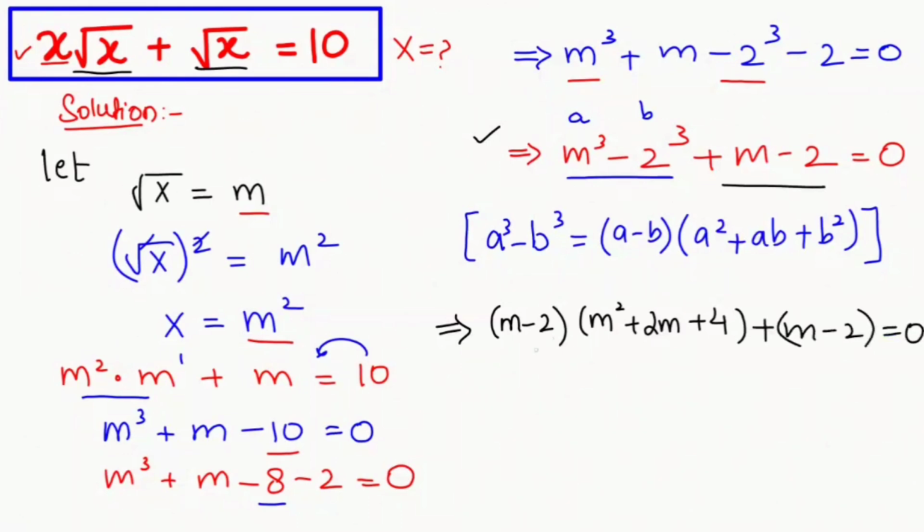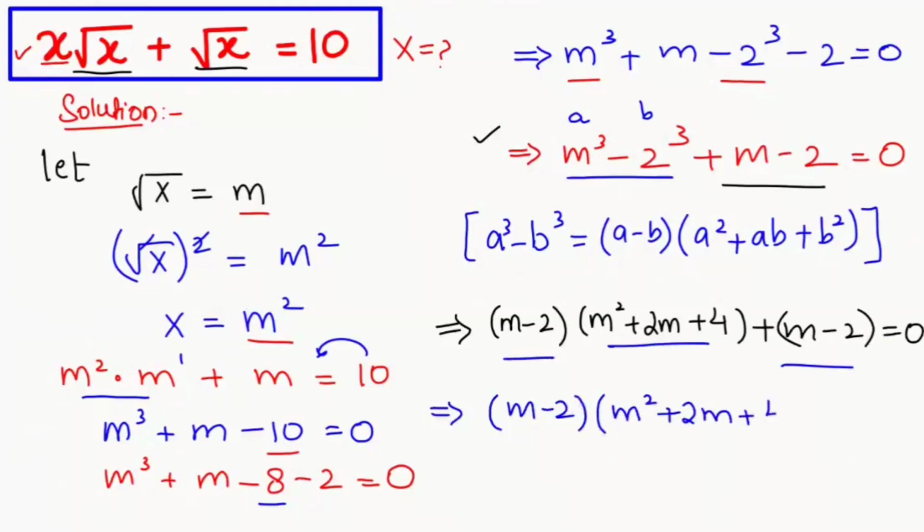Now next I'm going to take common factor of m minus 2, where this whole expression is remaining, plus 4, and this we took the common, so here 1 is remaining, is equal to 0.